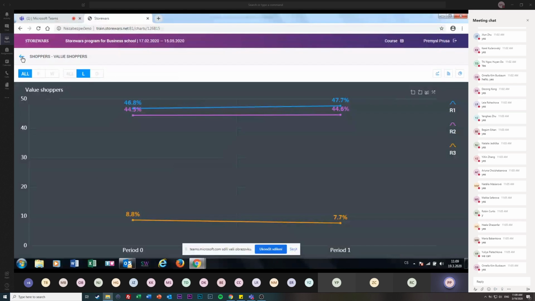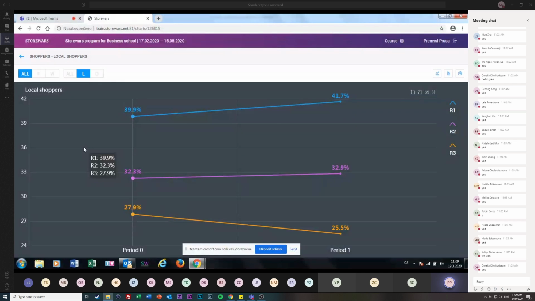Then we have local shoppers, where the difference is a bit bigger, but it was also in the beginning, because in the beginning you started with some position. As you can see, the position is still basically the same, even though retailer 1 has managed to grow a little bit here in local shoppers. Retailer 2 also grew, but not so fast.